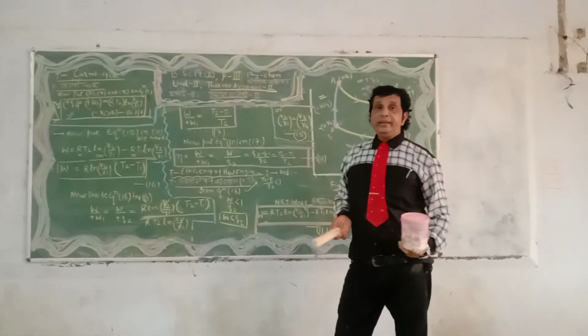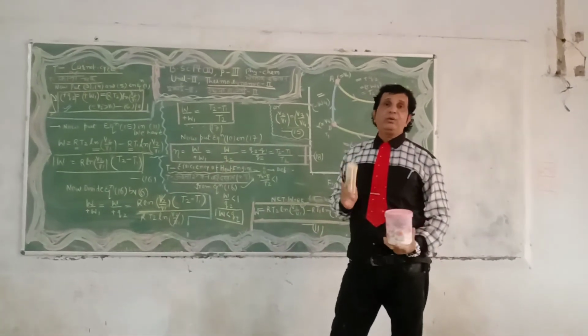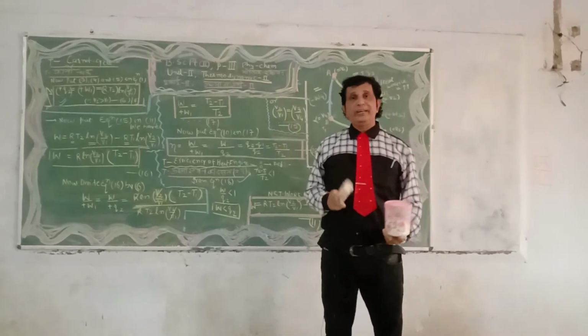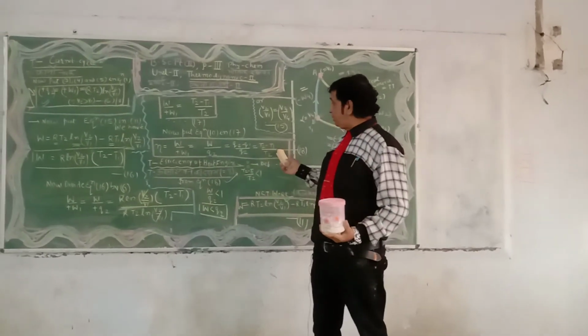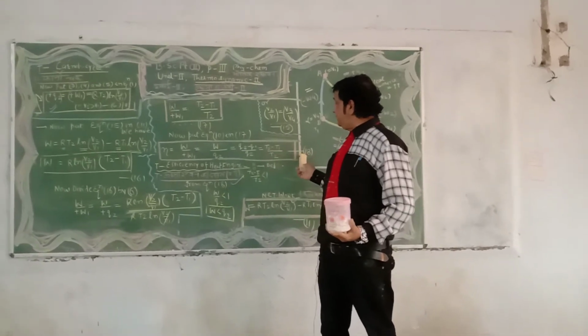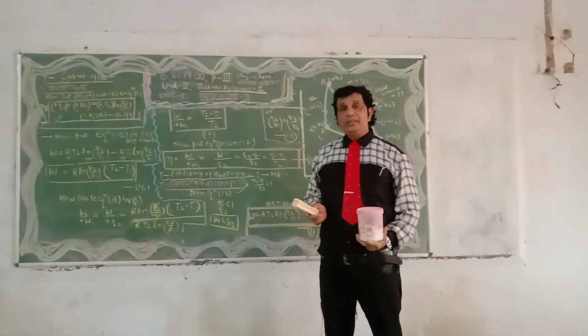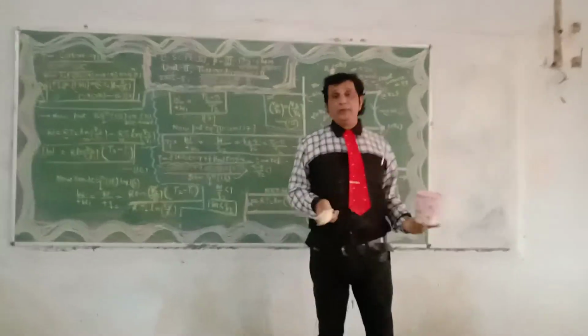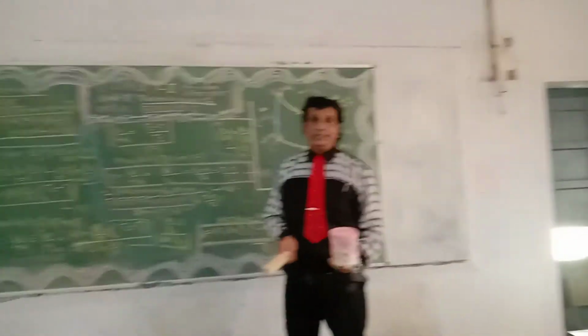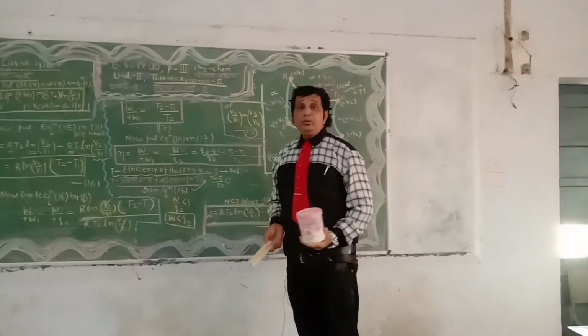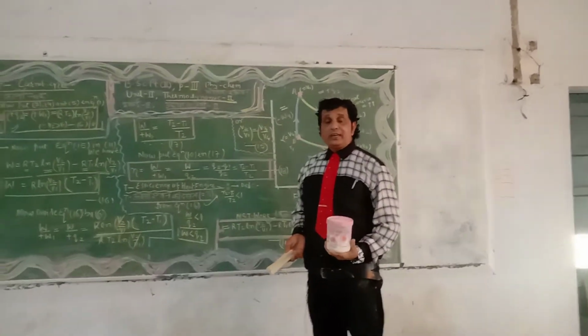From equation number 18, we get two very important points about the Carnot cycle or heat engine. It is evident that the higher the difference between the temperature of the source and the sink, the higher will be the efficiency of the heat engine.